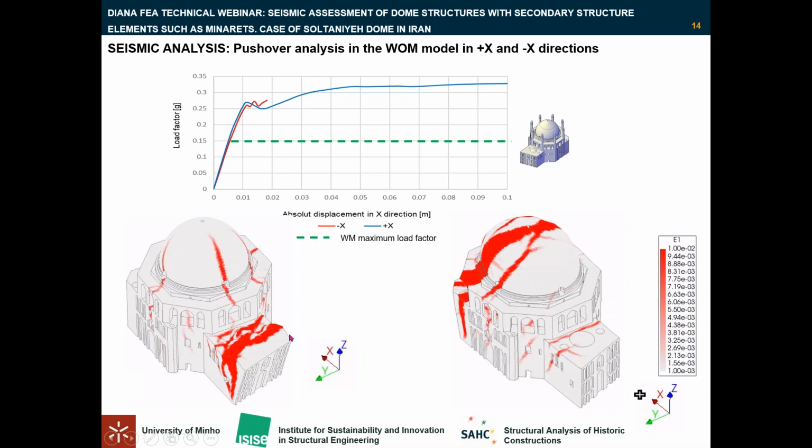In the negative direction, which is this model, failure occurs in the tomb. As you can see, we have severe damages here.